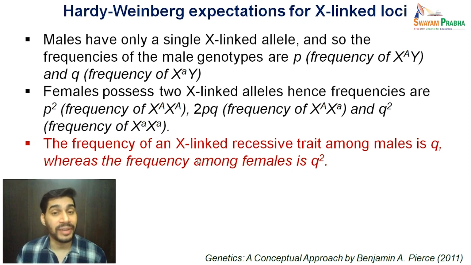The frequency of an X-linked recessive trait among males is Q, whereas the frequency among females is Q square. This is just because males have only a single X chromosome, whereas females have two X chromosomes, and that is why this difference of Q and Q square is there for the X-linked loci in males and females.